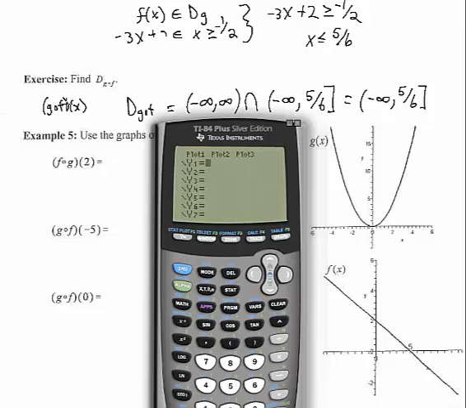So f is closest to x. F is going inside of g, and so we're going to put f first, and it is negative 3x plus 2.